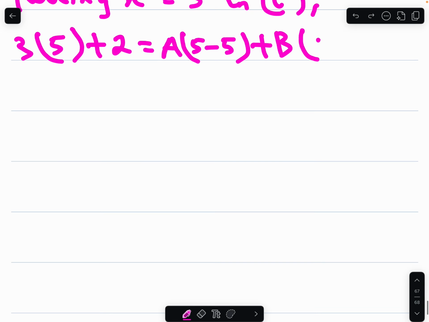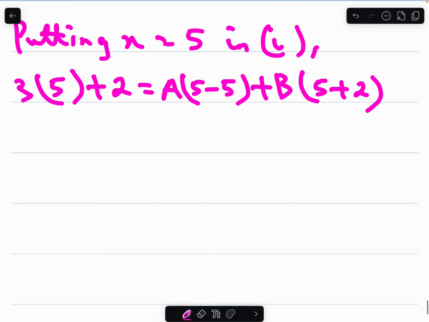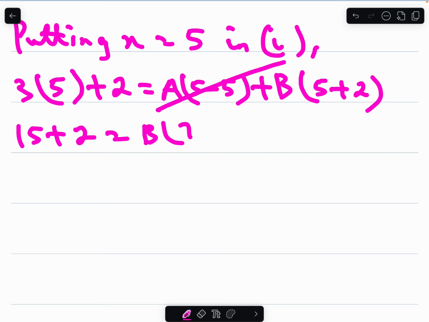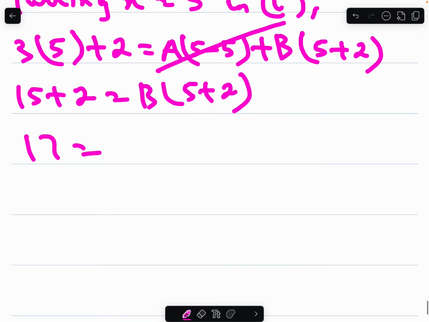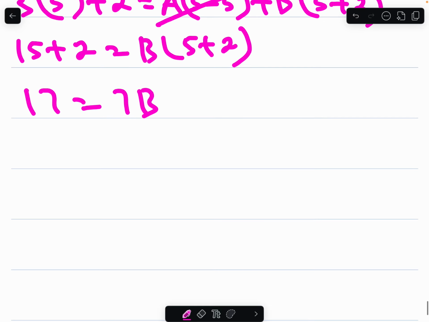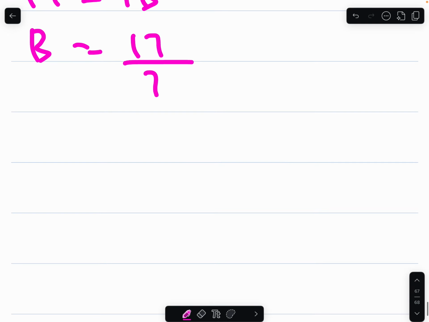That simply means 15 plus 2 is equal to, this will be 0, B into bracket 5 plus 2, which means 17 equals 7B. And that therefore means B is equal to 17 over 7.